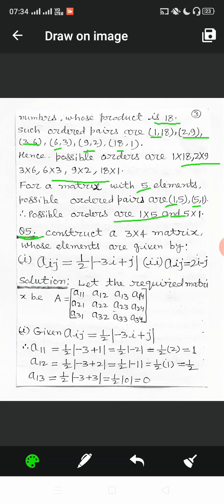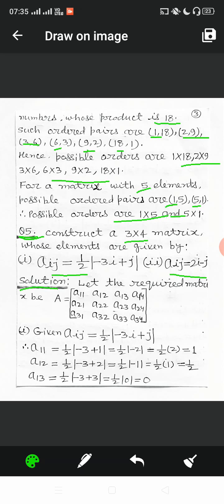Question number 5: construct a 3 by 4 order matrix whose elements are given by, first, aij equal to 1 by 2 modulus of minus 3i plus j. Second, aij equal to 2i minus j.